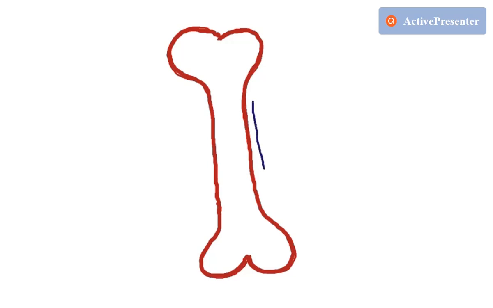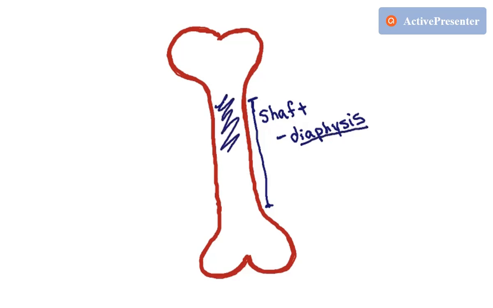So obviously this is the long part, this section of the bone, and this would be called the shaft. And the shaft for bones is called the diaphysis. So this whole thing would be the diaphysis.